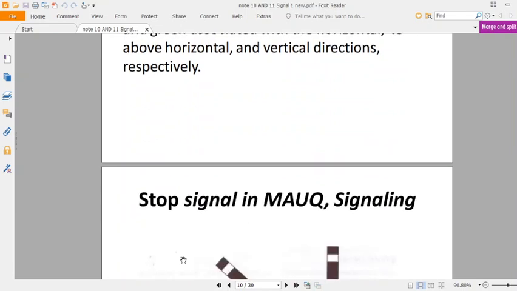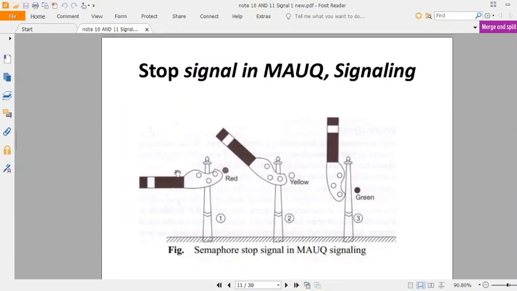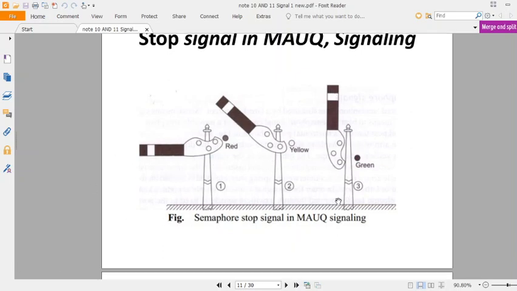So these are the stop signals in the Mach signaling system. The first position is where the arm is horizontal, then at a 45 degree angle from the horizontal, then at a 90 degree angle from the horizontal.